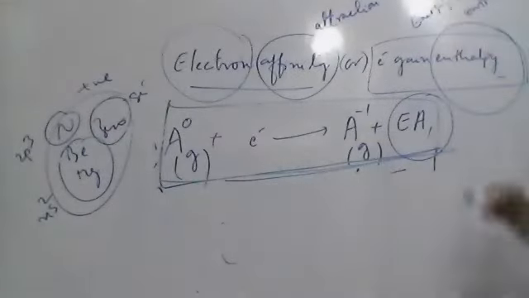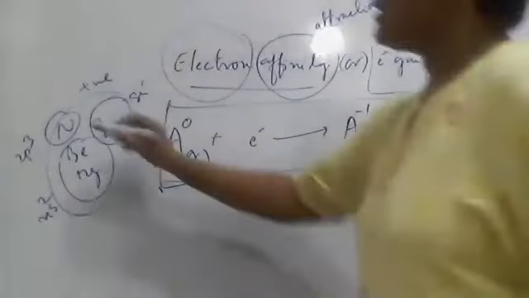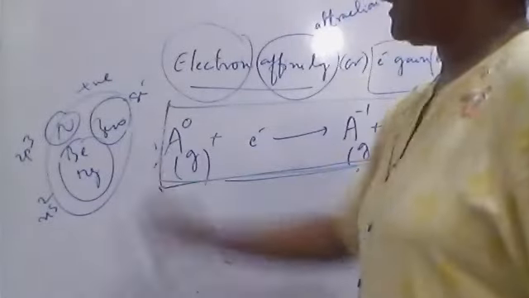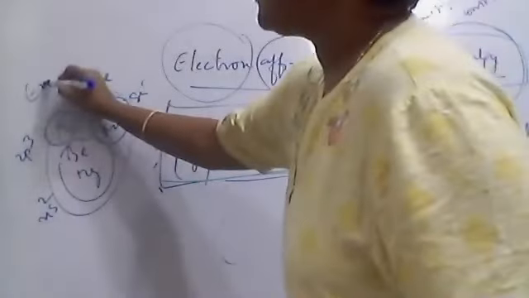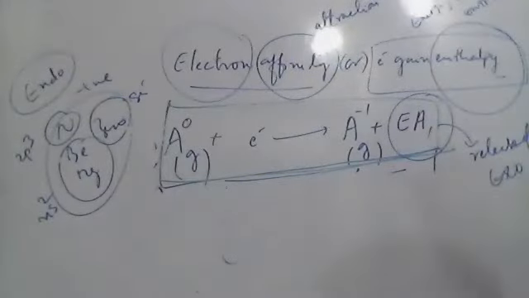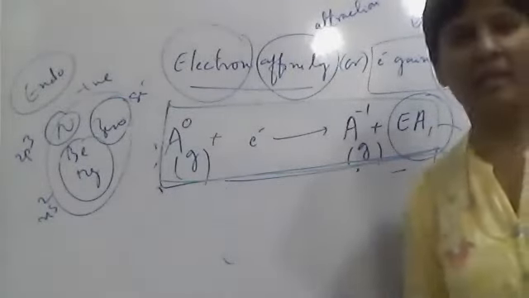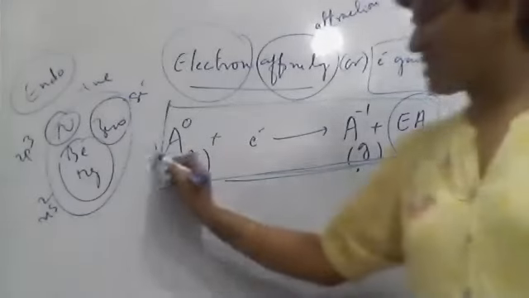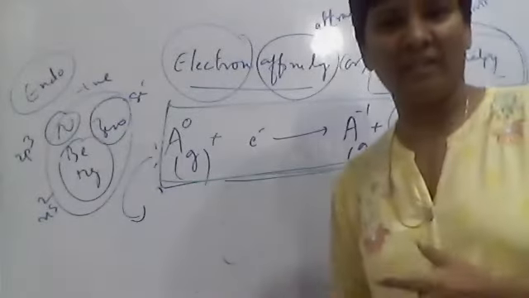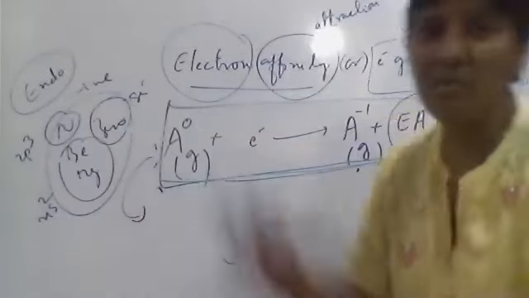Therefore, they release energy, and that is called exothermic. But in the case of nitrogen, beryllium, magnesium, and zero group, energy is gained, which is known as endothermic. So you added one electron. In the first electron affinity, some elements have a negative value, but these elements have a positive value.